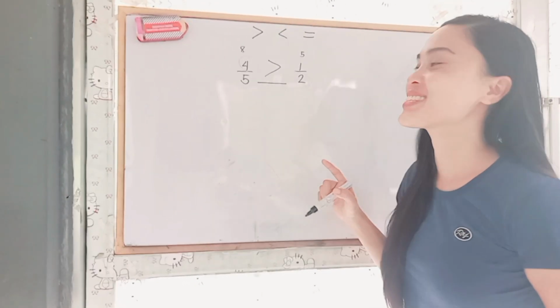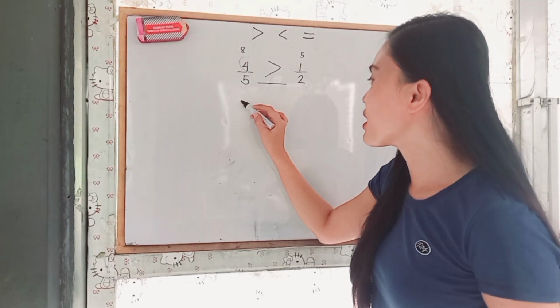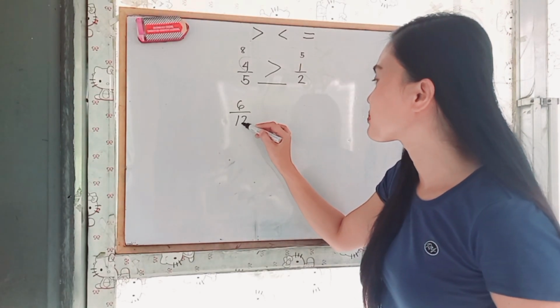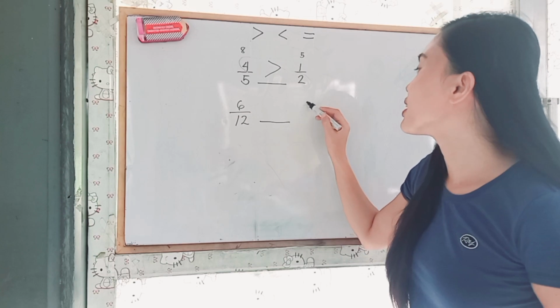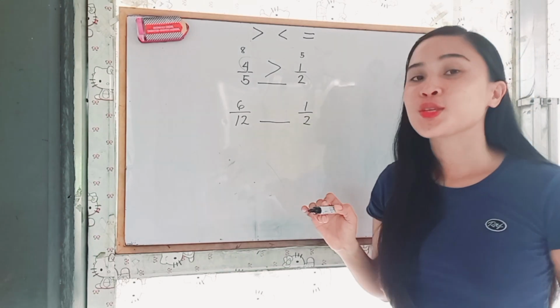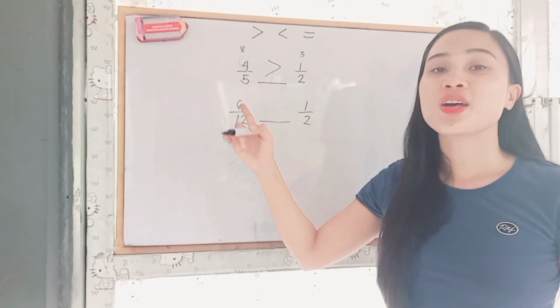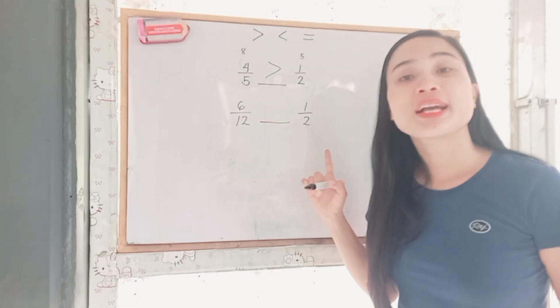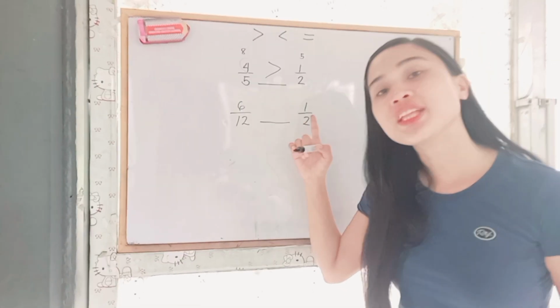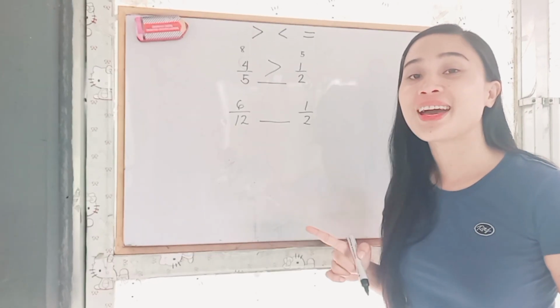Okay, another example. So we have here 6/12 and 1/2. Again, use the cross multiplication method because they have different numerators and different denominators.